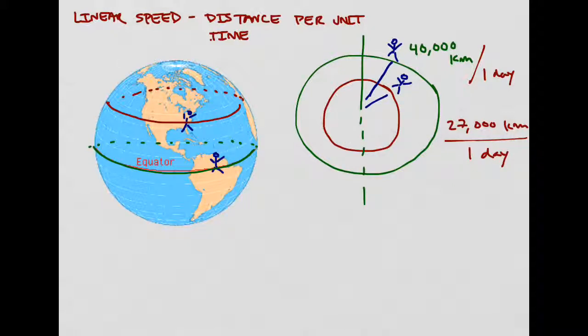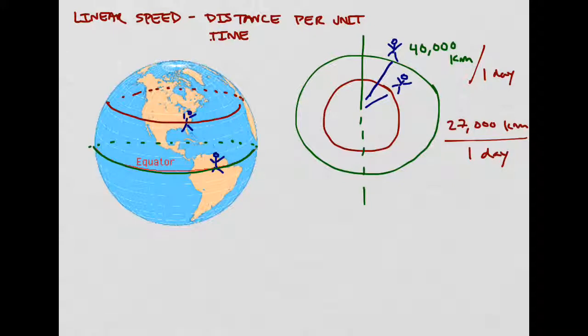So we can say that tangential speed is directly proportional to both the radial distance, the distance from the center of the circle or the axis, as well as the rotational speed of the object. If the Earth were to start rotating faster, then the tangential speed, or linear speed, of both these people would increase.